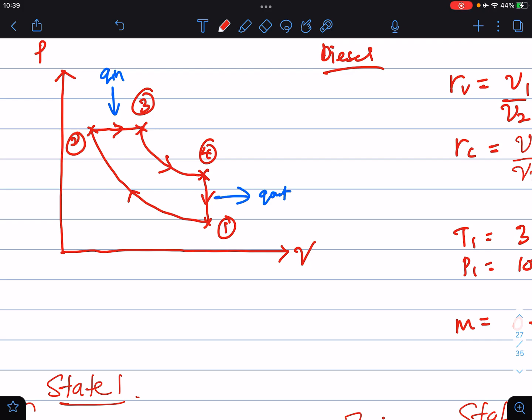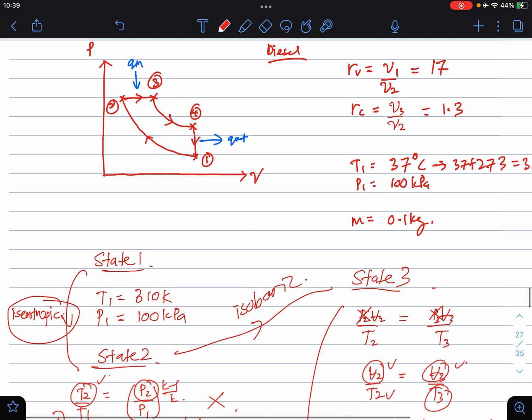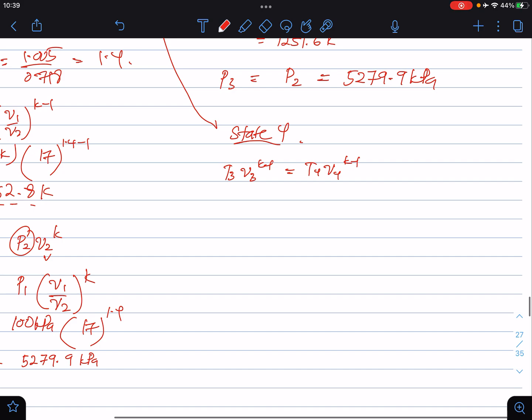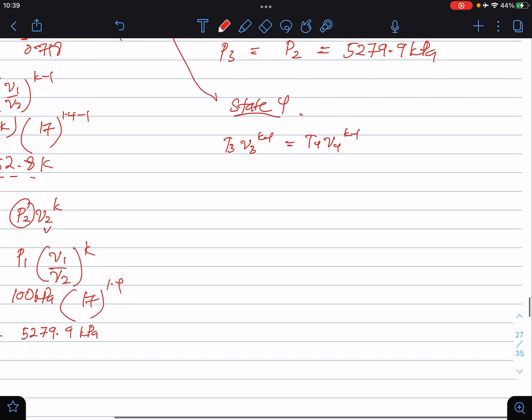we can find it using another method, which we call the chain rule, to find the ratio of V4 over V3.